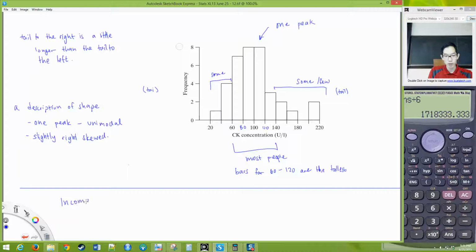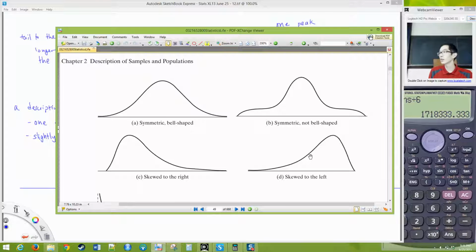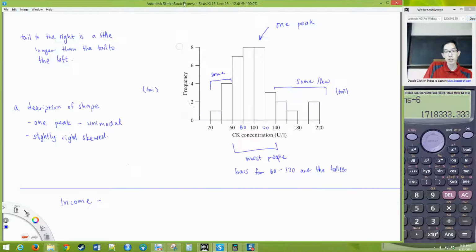Okay, what do we think? Income is skewed right. Okay, so to be skewed right, it means our thing looks like this. Okay, and so remember, this is a numeric variable going across here.